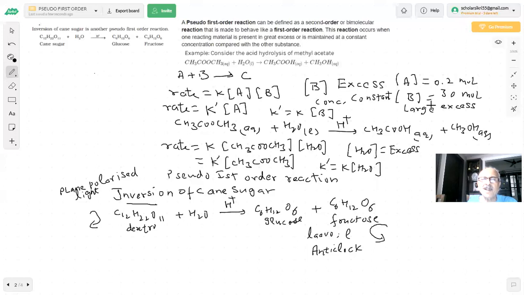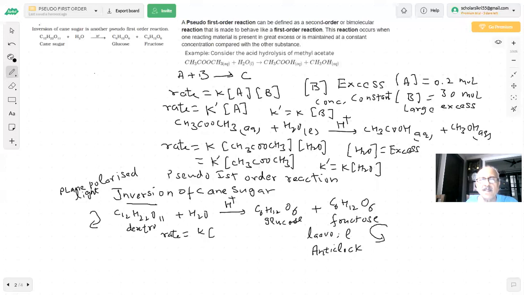Very important reaction. Now, for the rate of the reaction, if we do experiments, how can we record it? By recording the rotation, because the rotation value will tell you that the reaction is taking place. The rate looks like this.